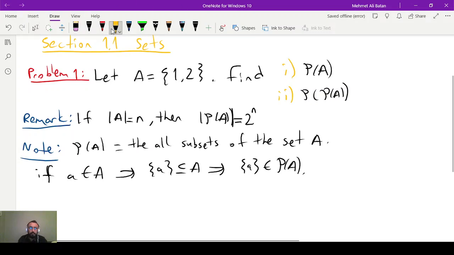Okay, so this is basically what we will do in this question. So let's start with the first part of the question, solution (i).